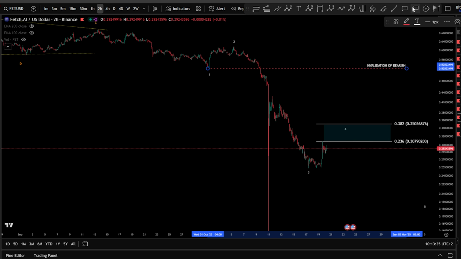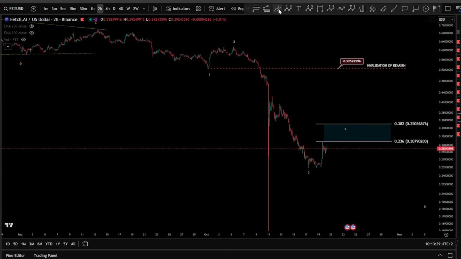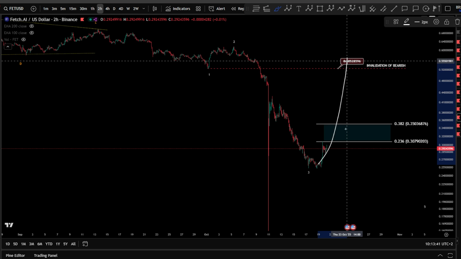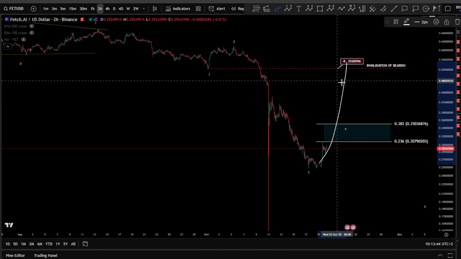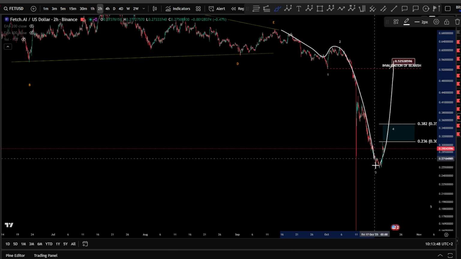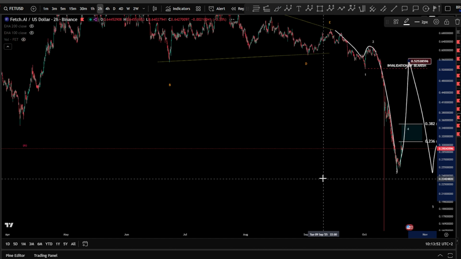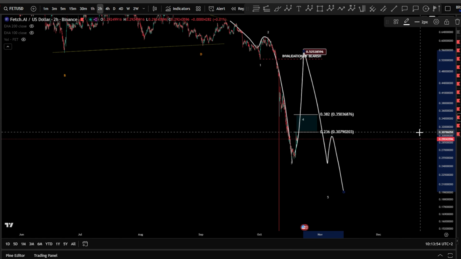Okay, before invalidation of bearish 0.52 again. So you need a massive move here just to say that, yeah, we potentially are bullish. Why potentially? Because you might still, of course, be in a zigzag, wave 1, wave 2, wave 3, 4, and a 5 as a large ending diagonal as well.